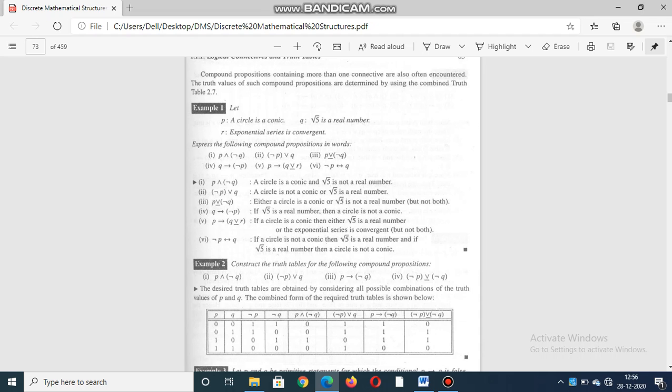Try to solve this one: P conjunction negation Q, and second, negation P disjunction Q. Third is P implies negation Q. Fourth is negation P exclusive negation Q. If you have any doubts, we are going to discuss them in Thursday's class. So this is your first assignment for this class. Thank you.